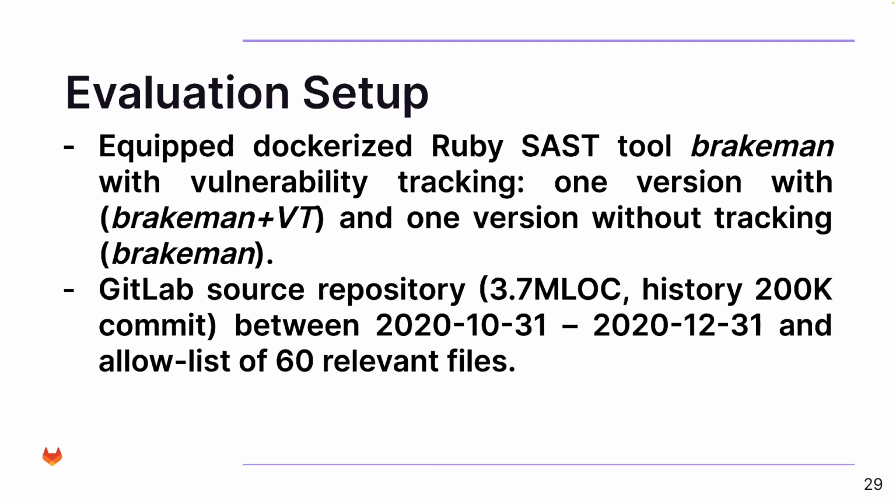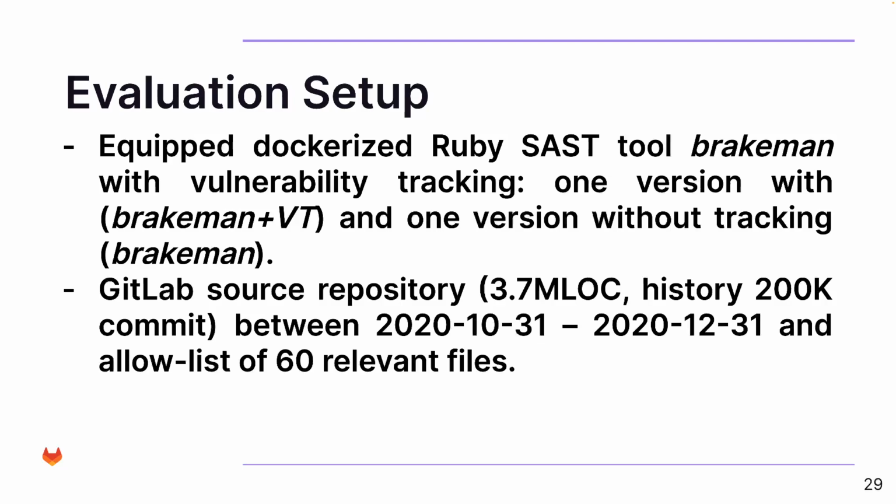So in terms of evaluation setup, due to the work on the vulnerability tracking feature itself, we already had two target systems in place. We were looking into a Ruby SaaS tool called Brakeman, and luckily, as we are dealing with microservices and often ship CI/CD tools as microservices in GitLab, we already had them available as Docker images.